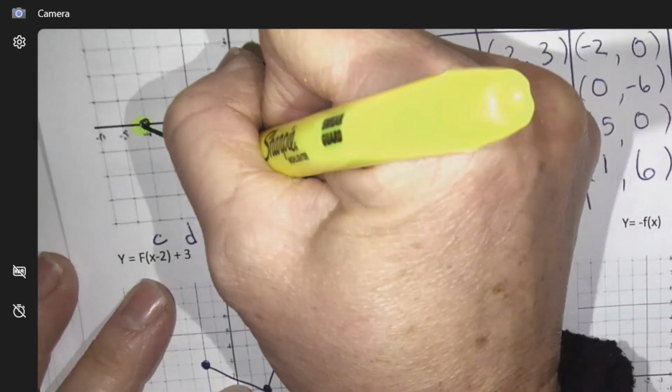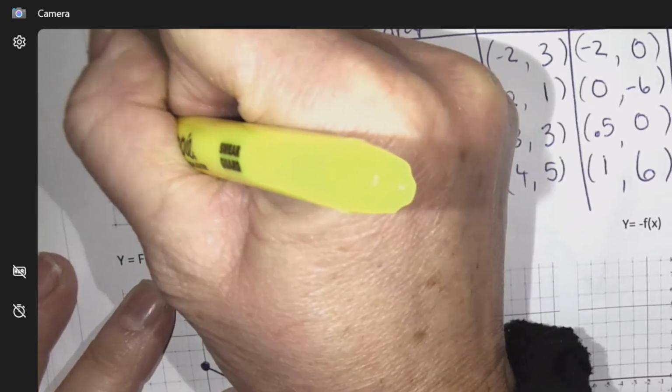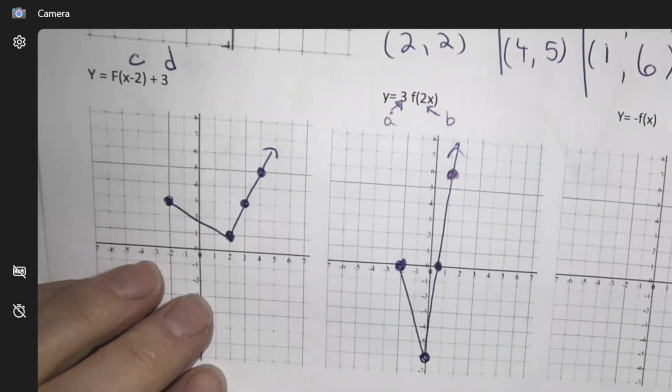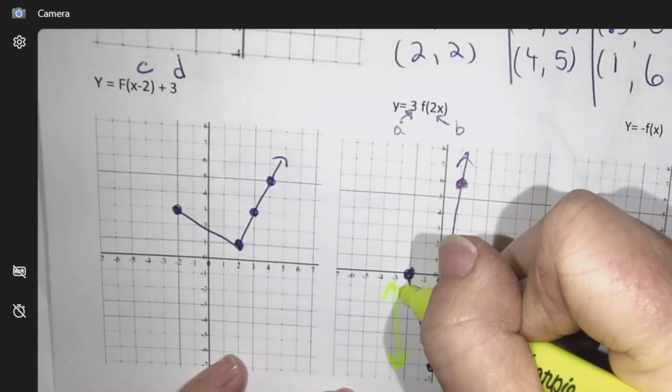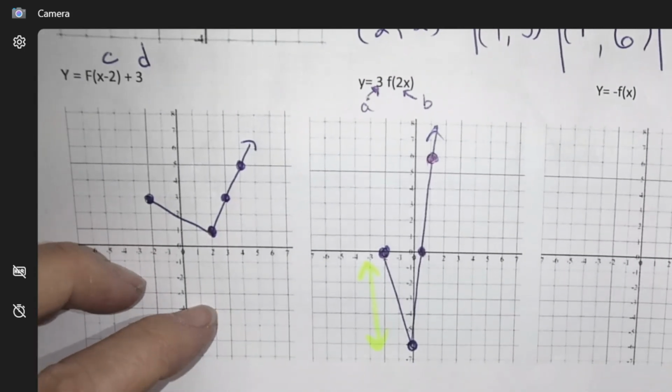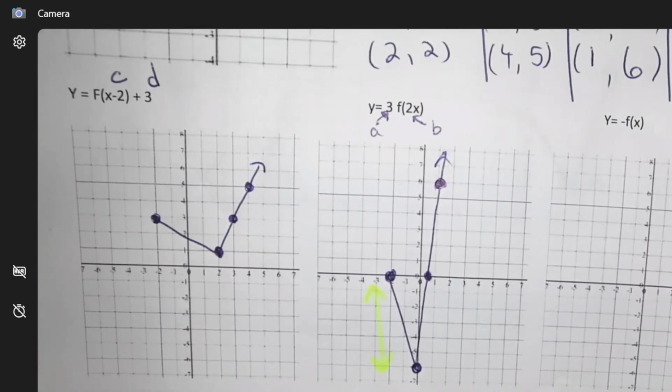This point and this point have how much vertical space between them? They're only 2 apart. And now they're 6 apart. Do you see this? I spread the space. They're 6 apart from each other now instead of 2 apart.